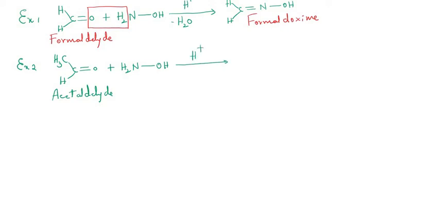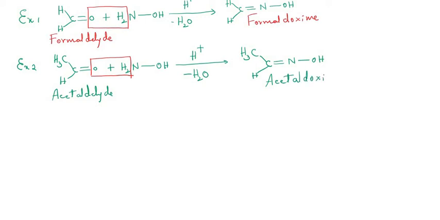In the presence of H plus, we basically know that there is a loss of H2O, right? And I can write here minus H2O. Then our product is CH3CH double bond N single bond OH. So this compound is now called acetaldoxime.